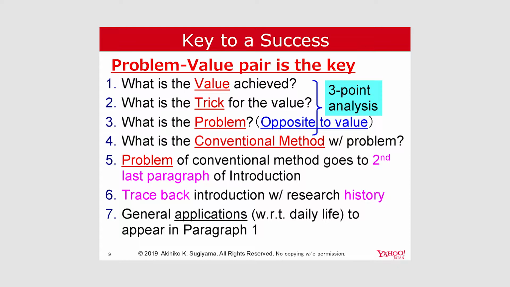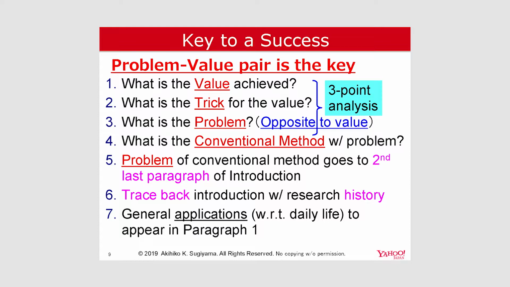And then you will go on to step 4. What is the conventional method? What is the state of the art? Having clarified these 3 things, value, trick, and the problem, it should be clearer for you what is the conventional method, what is the state of the art, what is the most relevant research to your paper, to your presentation.